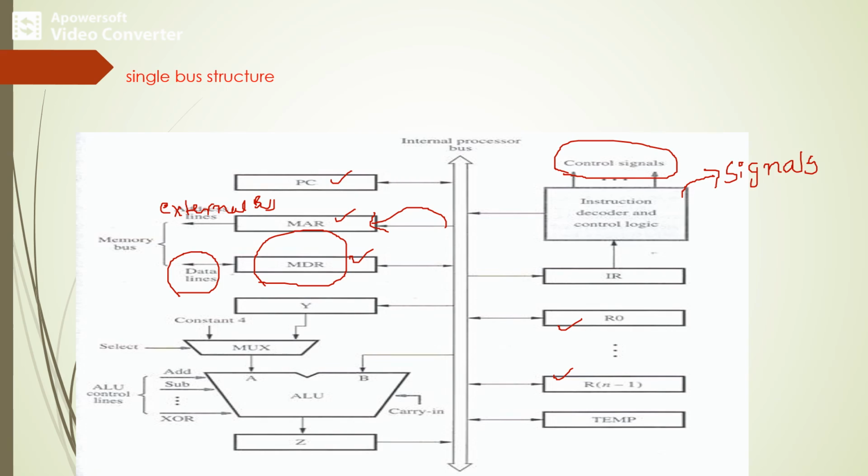The processor registers R0 to Rn-1 can be used to perform any general purpose task. The other registers we are using are Y, Z and temp.